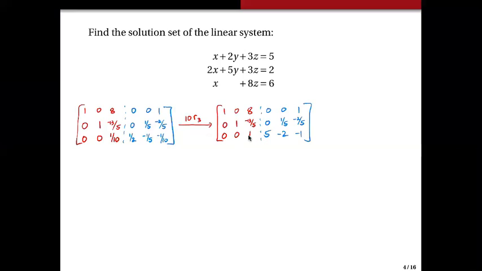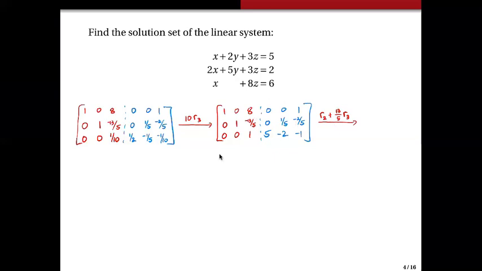And then we now go to step 6. We want to make the entries above this leading one 0. So for the second row, what do we do? We have row 2 plus 13 over 5 row 3.